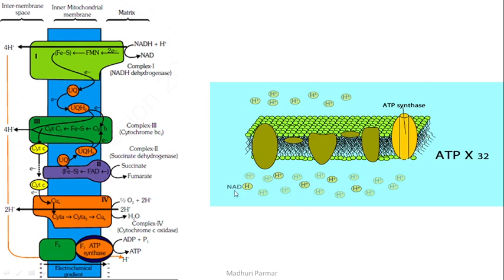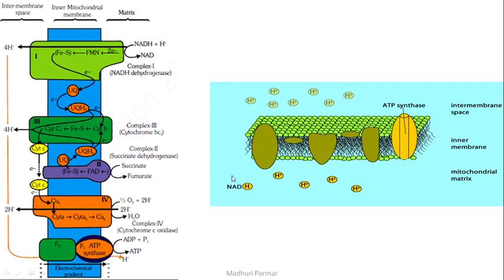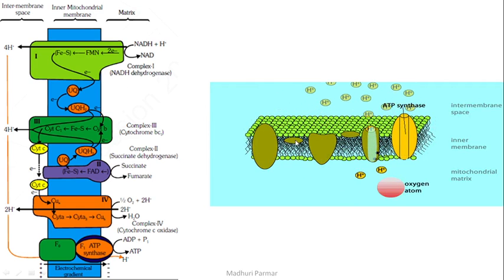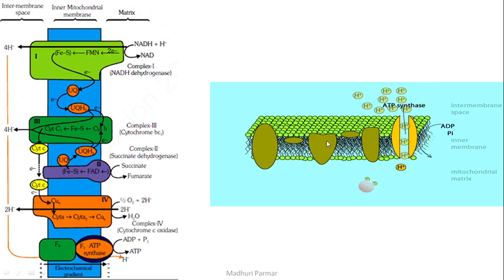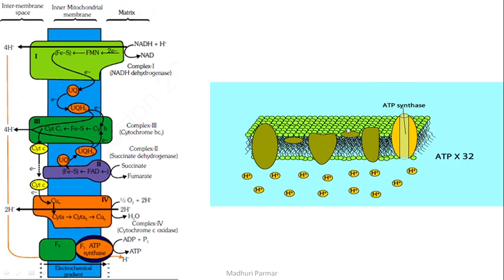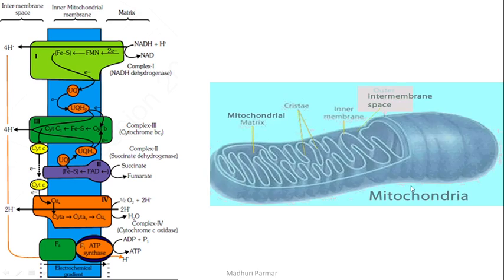Let us start from here. You have NADH. NADH will give its electrons to NADH dehydrogenase. Protons are transferred from NADH dehydrogenase to ubiquinone, ubiquinone to complex 3, to cytochrome C, cytochrome C to cytochrome C oxidase, and finally they will be given to oxygen.